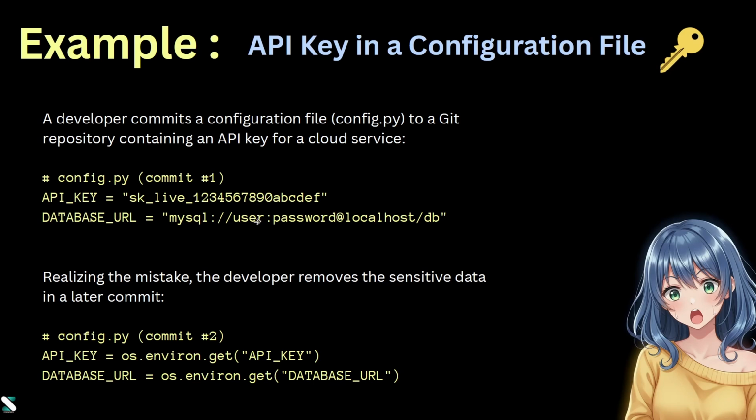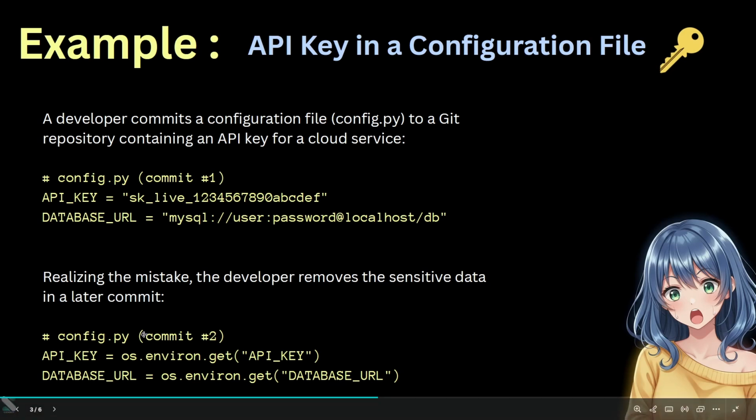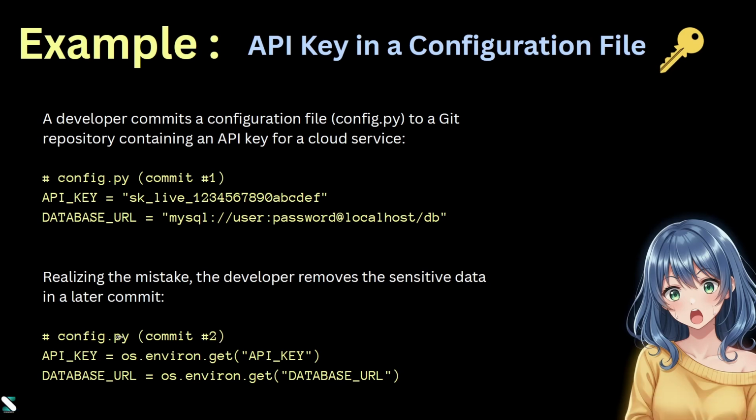Now, realizing the mistake, the developer removes the sensitive data in a later commit. The developer has understood that the key should not be placed in the commit or the history of the code. So he has done another commit, commit 2, for the config.py file.